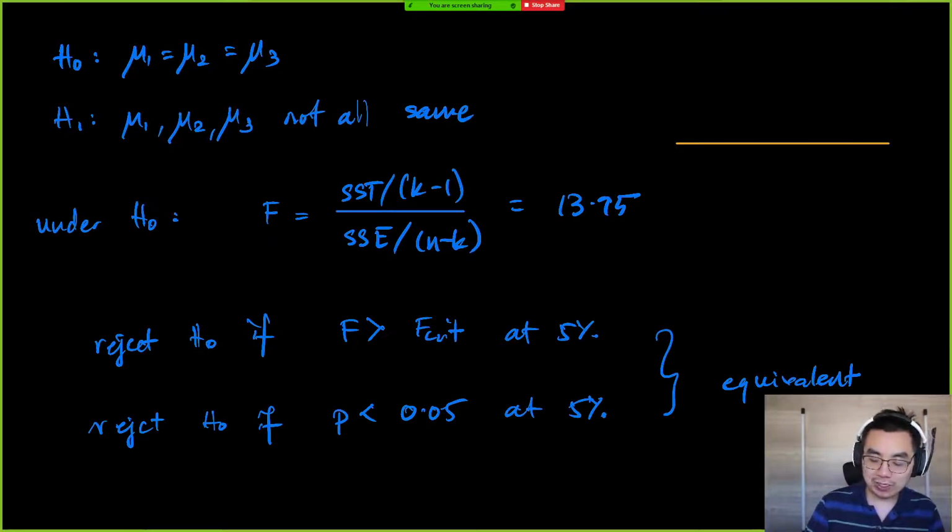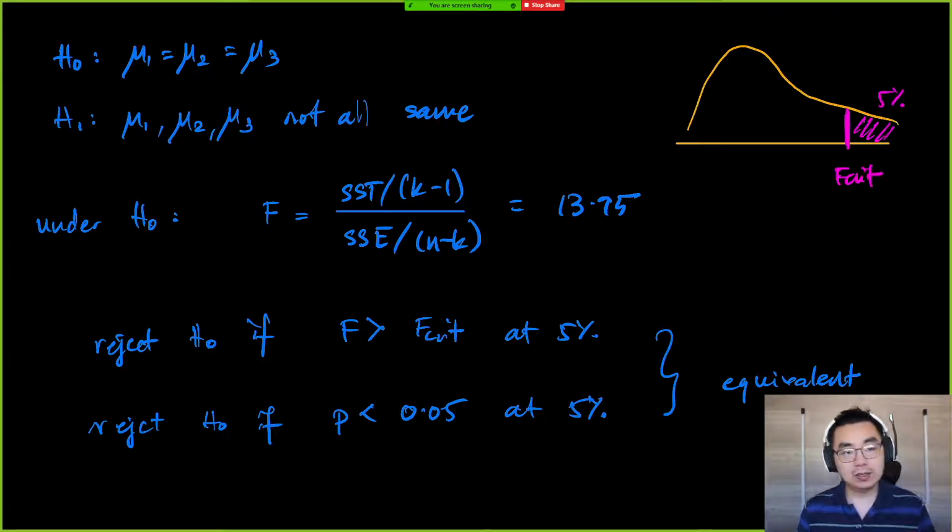So the F distribution looks something like this. What you're basically saying here is, if this area is 5%, this is F crit. So saying that F is greater than F crit, or saying that the area to the right of F is less than 5%, all means the same thing.